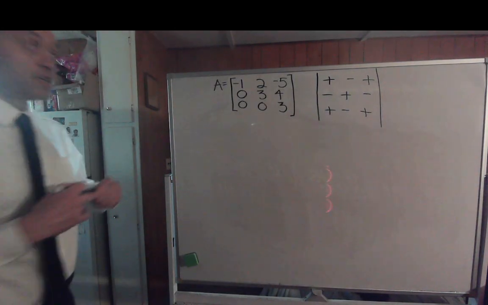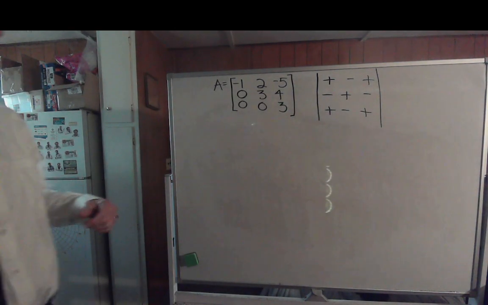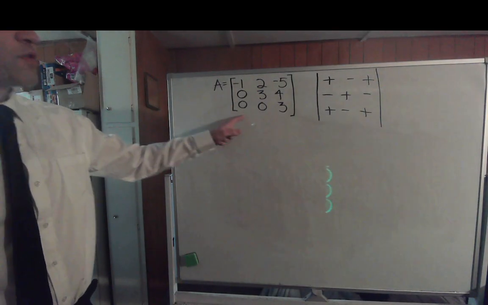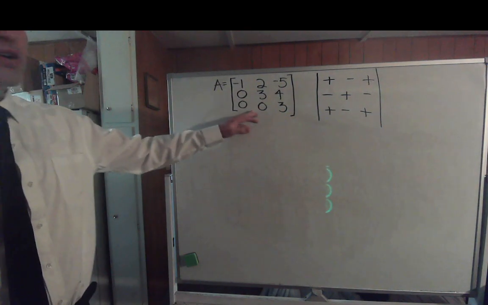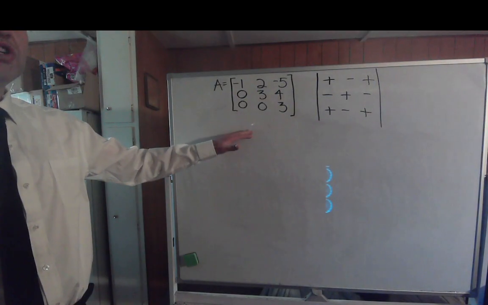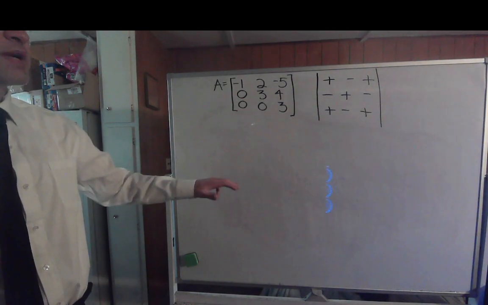Well, this is really sweet, because if we look at either column 1 or row 3, you could say both of those have 2 0 entries, right? So we're actually only going to be reduced to one 2 by 2 determinant.